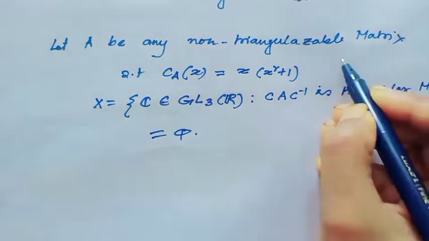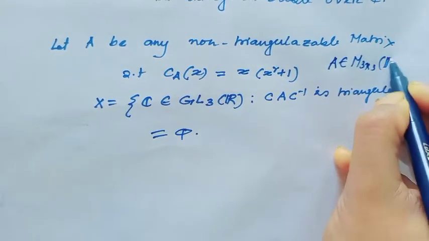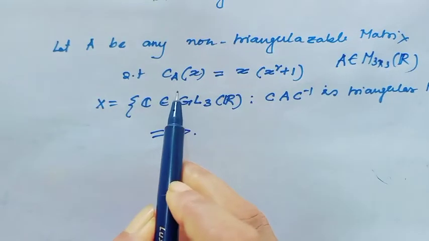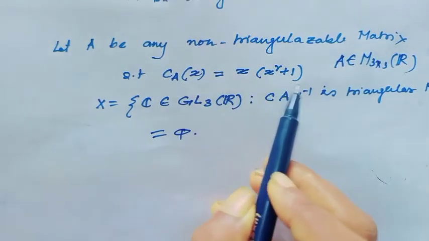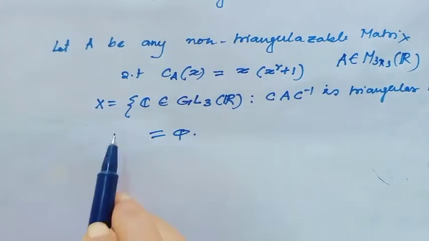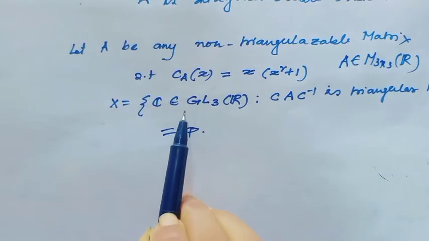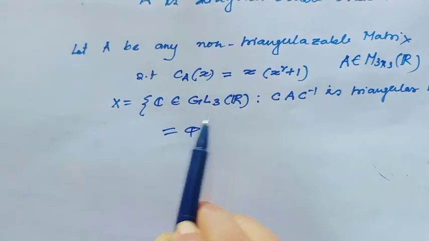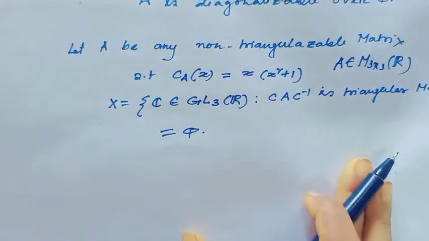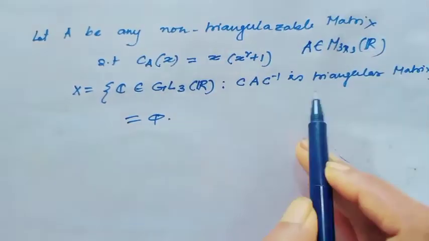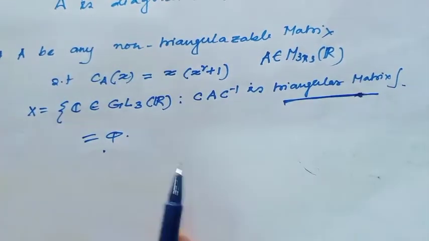Since here A is a 3 cross 3 matrix over the real field, consider the characteristic polynomial x times (x square plus 1). Then consider the set of all C belonging to GL3(R) such that CAC inverse is triangular. This is not true.